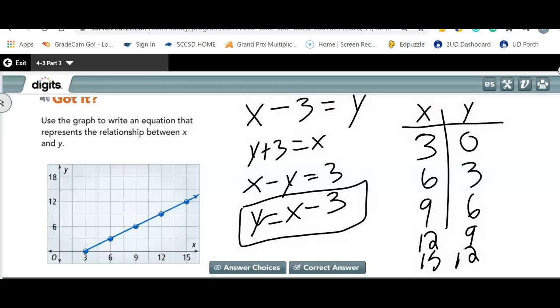Patrick? 0, 1. So if I put x equals 0, is this going to equal 1? No. Aiden. 0 and negative 3. You got it. When x is 0, x minus 3, so 0 minus 3 would have to be negative 3. So it goes through the y-axis down here.